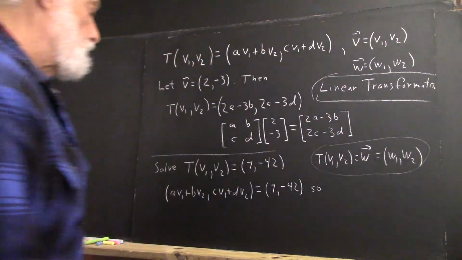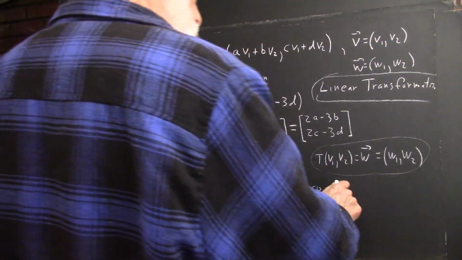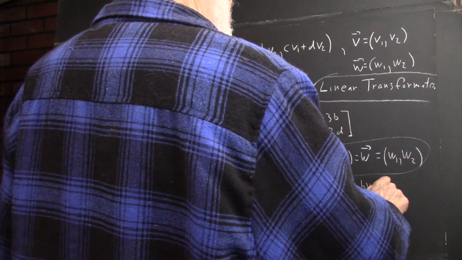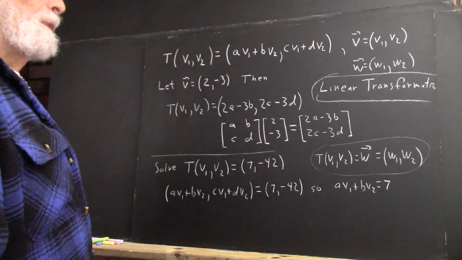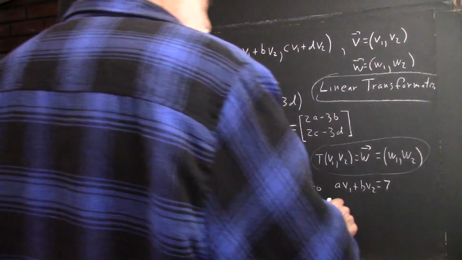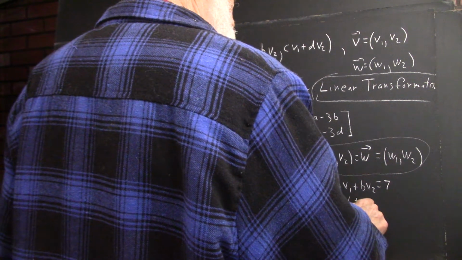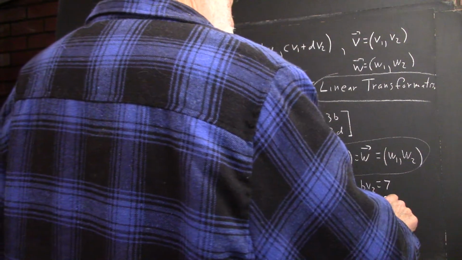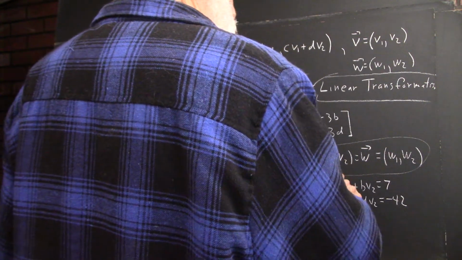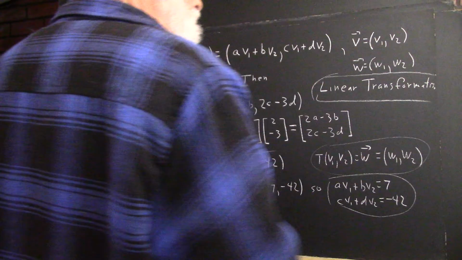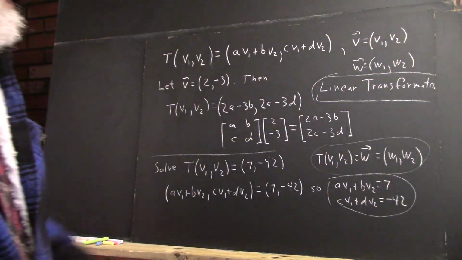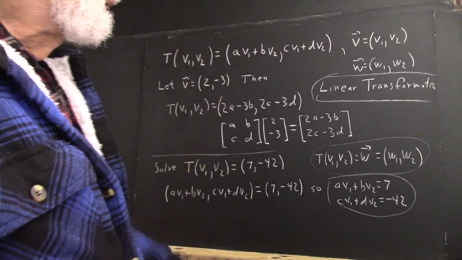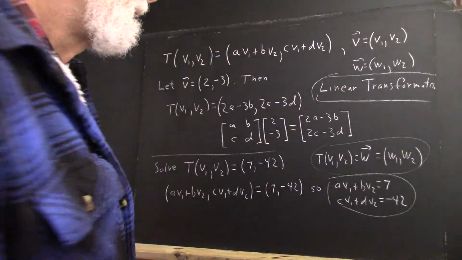So we get a system of equations: a v1 plus b v2 equals 7, and c v1 plus d v2 equals -42. This is a system we can easily solve for v1 and v2 because we have two simultaneous equations in the unknowns v1 and v2.